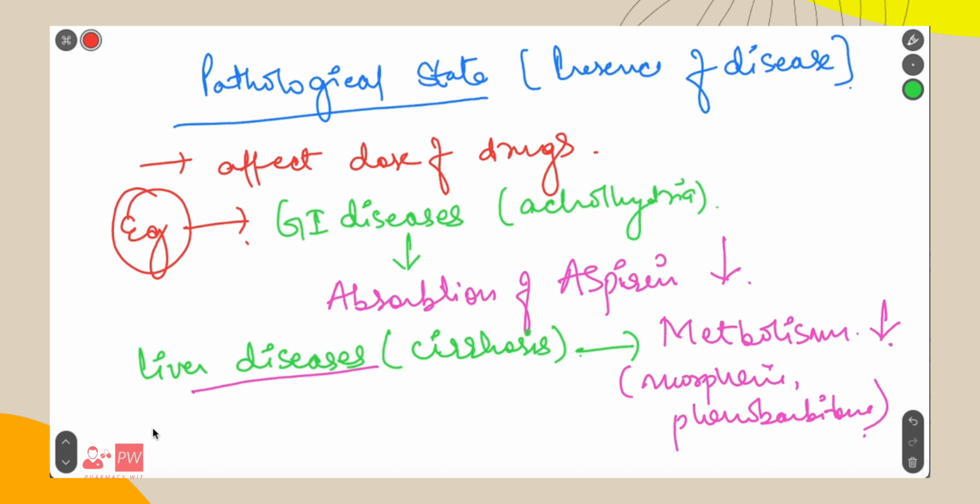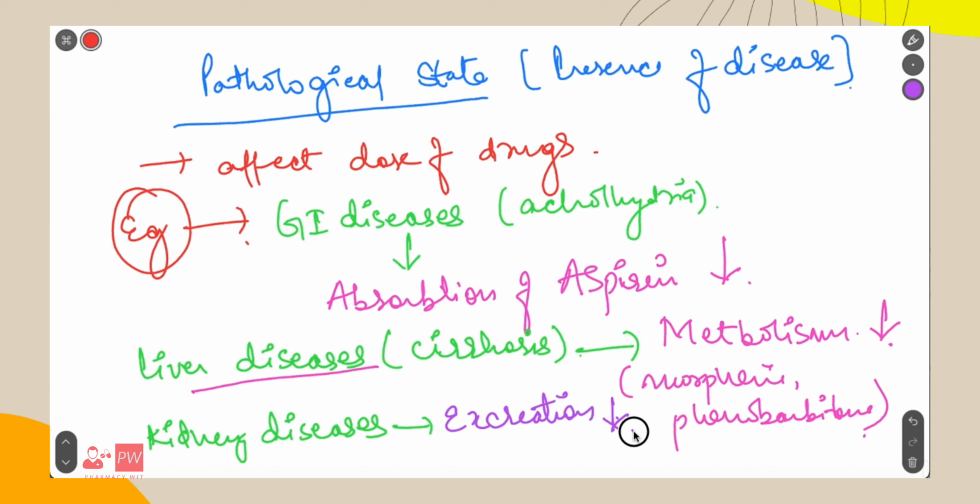Another example is kidney diseases. In this condition, the excretion of some drugs is reduced when you administer them. Examples are digoxin, phenobarbital, and aminoglycosides.